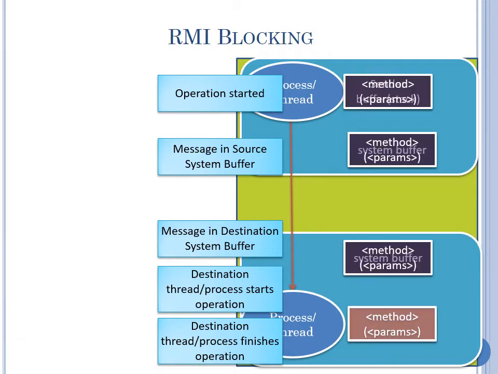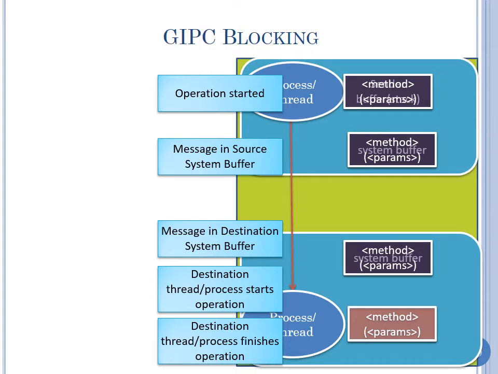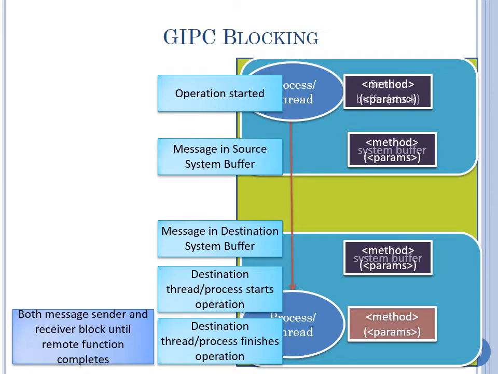So in RMI, we are at this end. Both the message sender and receiver block until the remote method completes. In Gypsy, which is what your A5 is about, this is what happens. The Gypsy semantics is the same as RMI semantics for function calls, as we've seen.